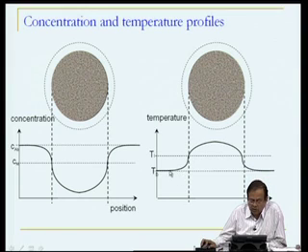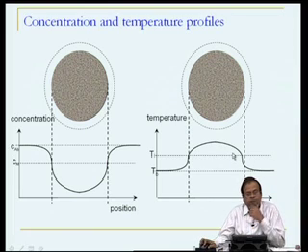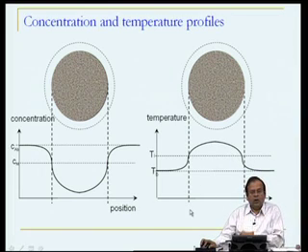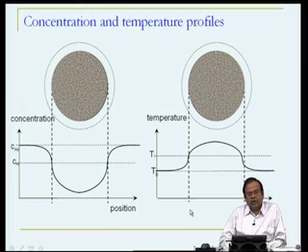So, temperature in the bulk is lower than the temperature at the surface. Reaction is taking place inside, so a heat generation source is there inside. So, temperature is even further increased, and then the symmetry from the other side. So, this cartoon we will be using time and again to set up our mass balances, or similar cartoons.